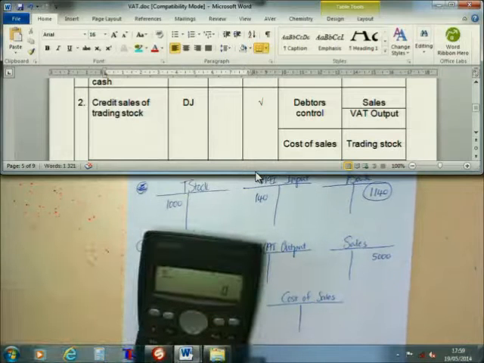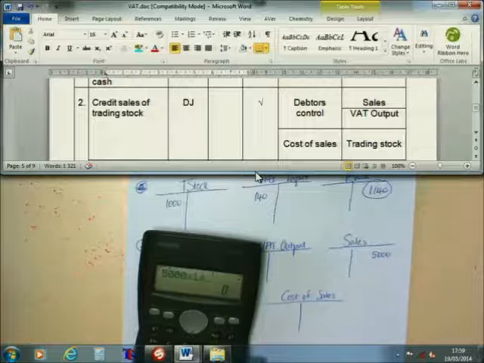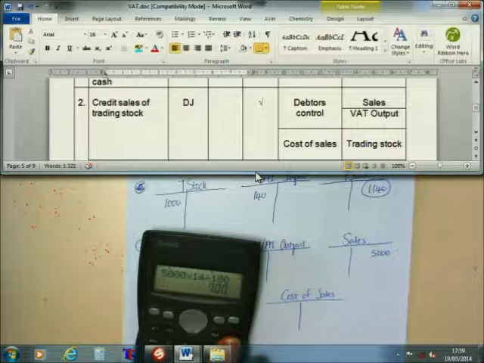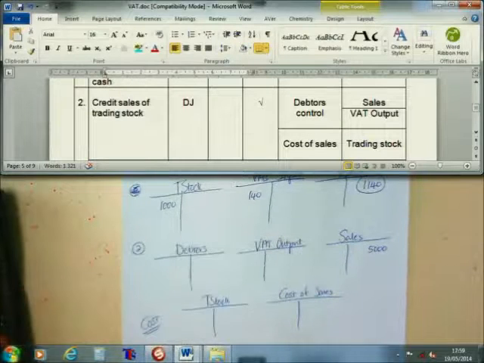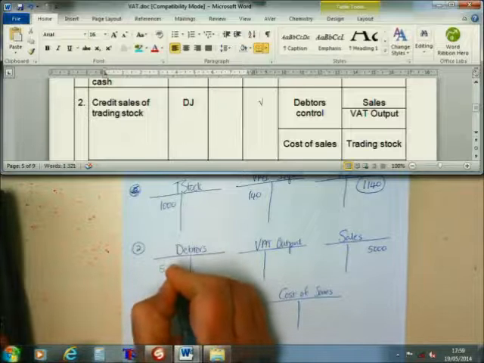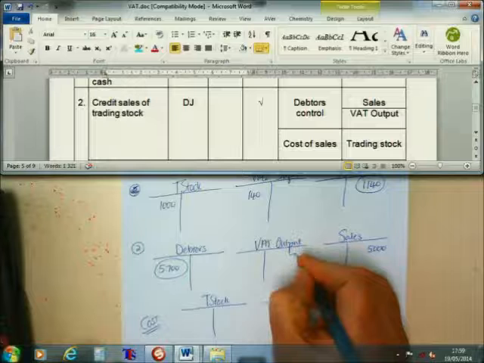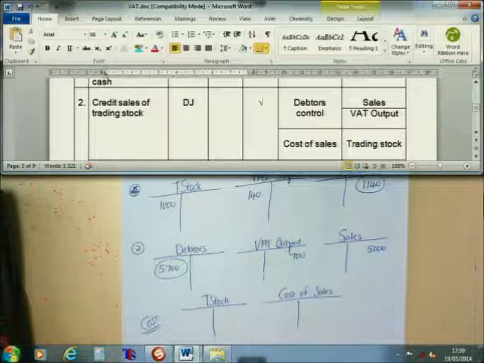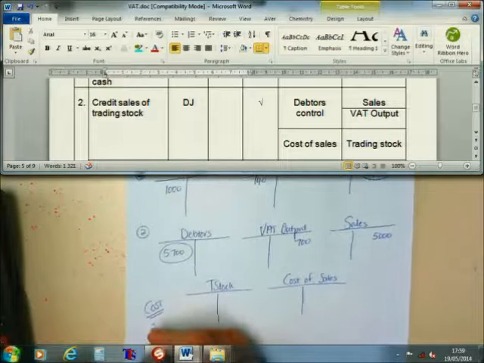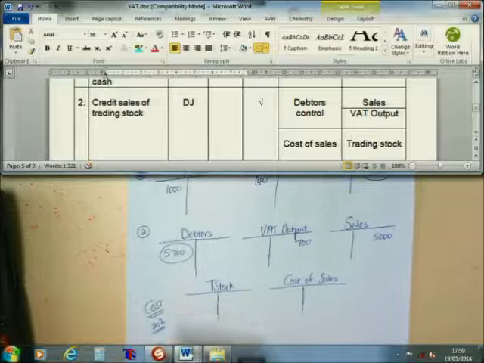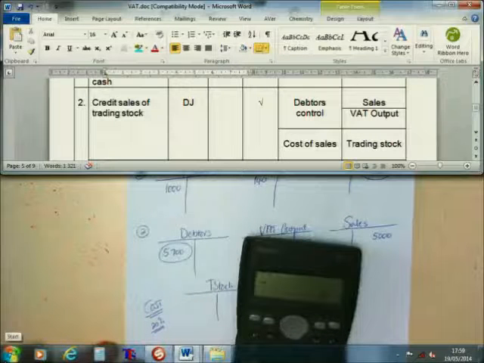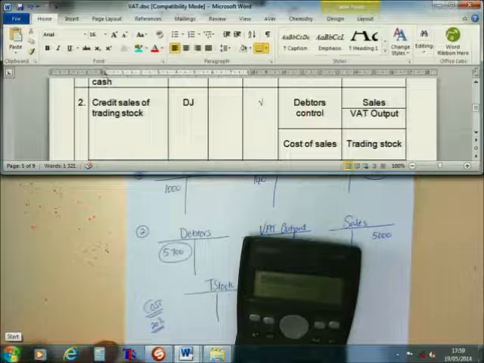5,000 Rand times 14 divided by 100 gives us 700 Rand. So the debtors owe us 5,700 Rand, the big amount. And the output tax was 700 Rand. The profit markup was 20%. So we take the 5,000 Rand times 100 divided by 120, and we've got a cost.